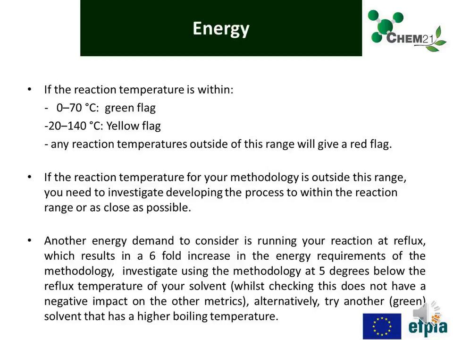So try and investigate running your reaction at 5 degrees below the reflux temperature of your solvent. Make sure that you're not making any compromises with respect to other metrics. Or alternatively, try using a solvent that has a higher boiling point so that you can run your reaction at that temperature without reaching the solvent's reflux.